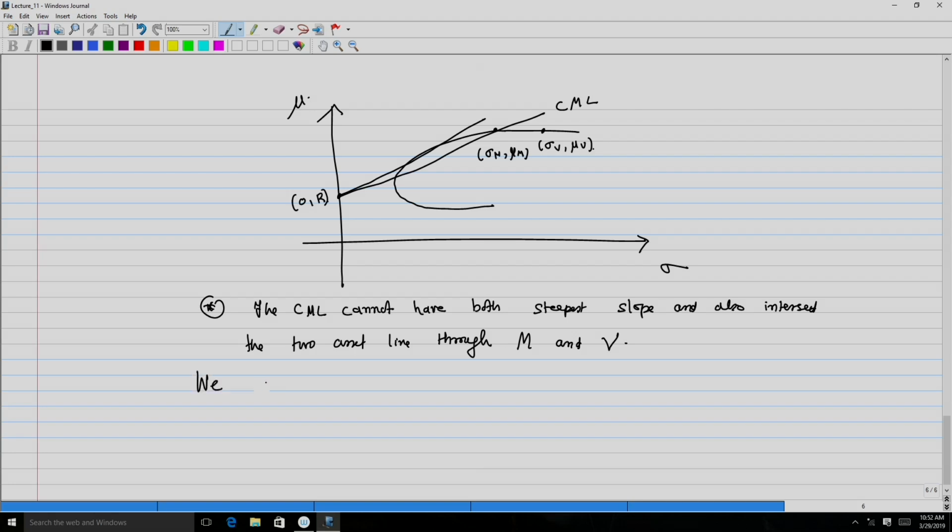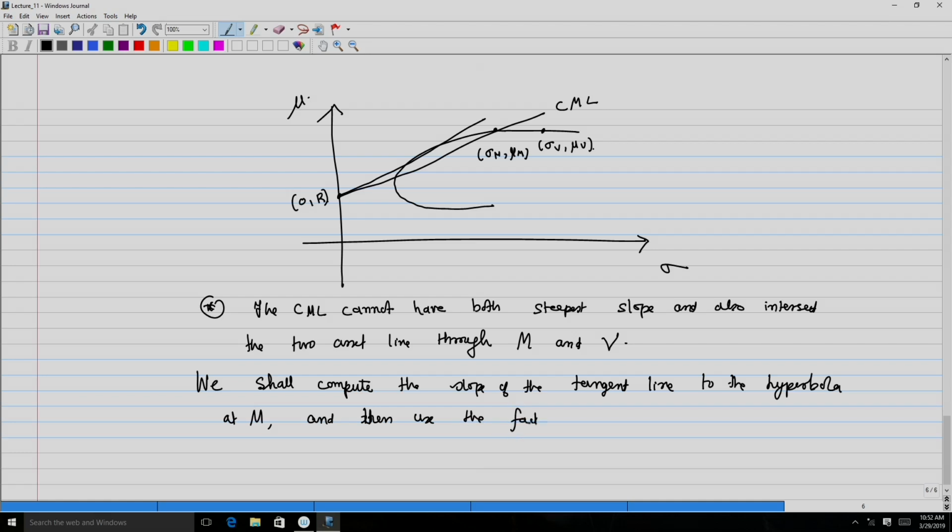So, then how do we resolve these issues? We shall now compute the slope of the tangent line to the hyperbola at M, and then use the fact that the slope of the CML must be the same.